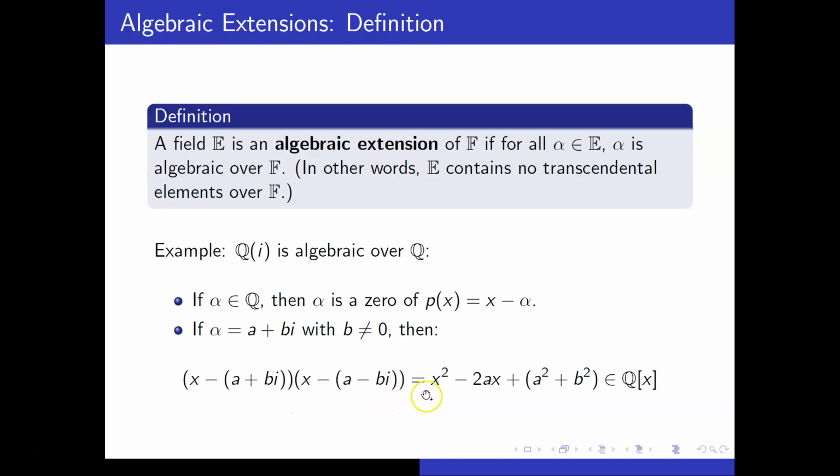When I multiply that out, I get a quadratic, but 2a and a squared plus b squared are both rational numbers. So this polynomial is in the polynomial ring over Q. Because of its factors, it has a plus bi as a zero. So there we go. Alpha is a zero of this polynomial, hence it's algebraic over Q.